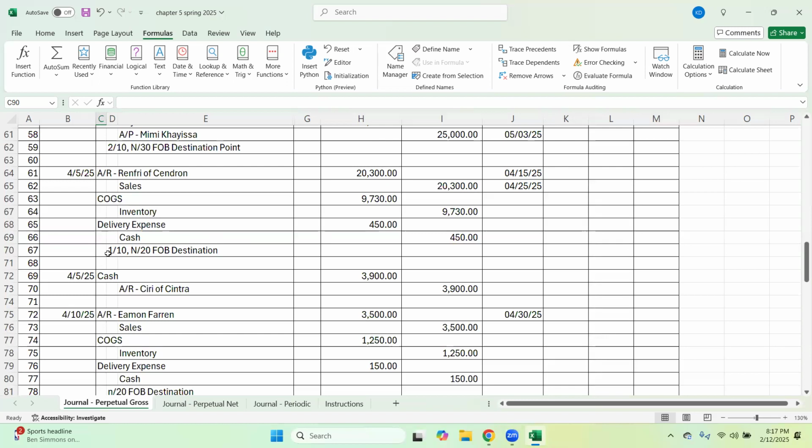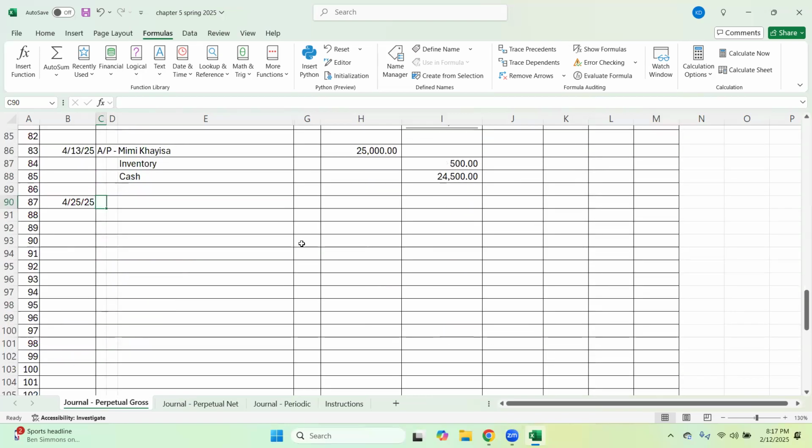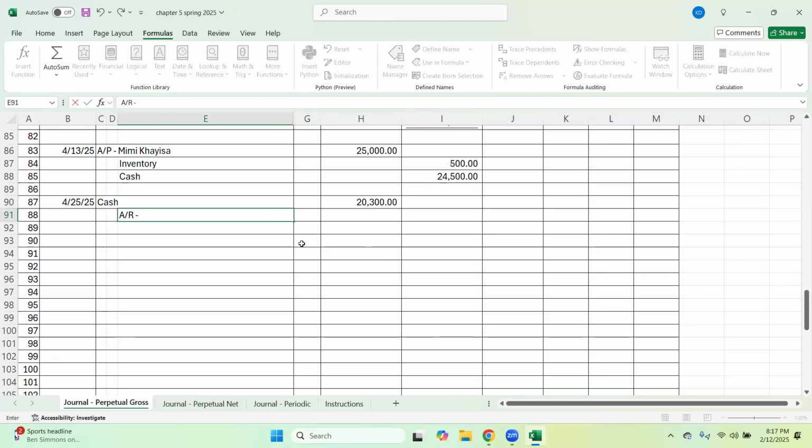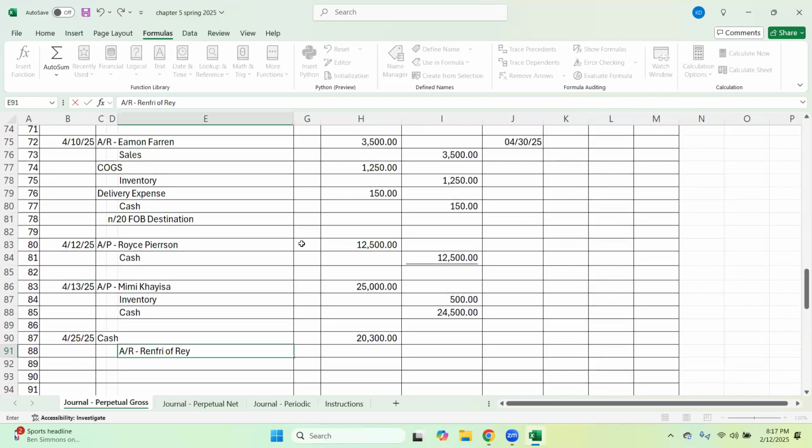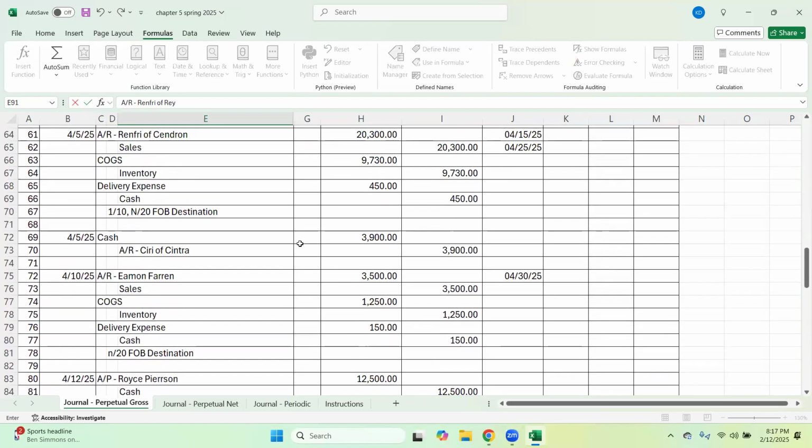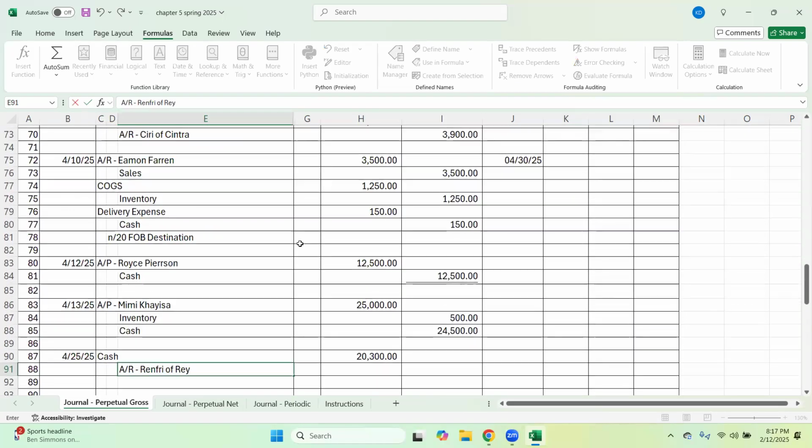He would have got to take a 1% discount, but he didn't, so he owes us this entire 20,300. I don't even know if I got this right. Renfree of Sindon.